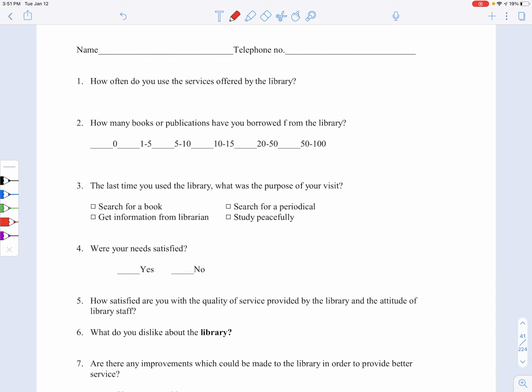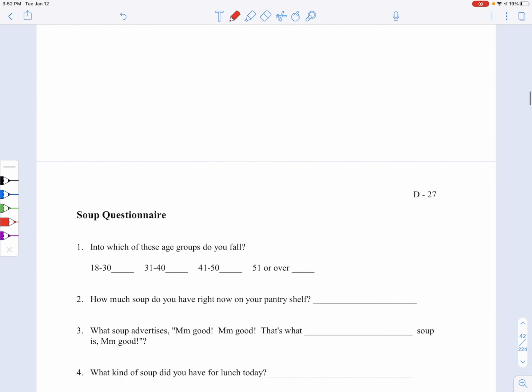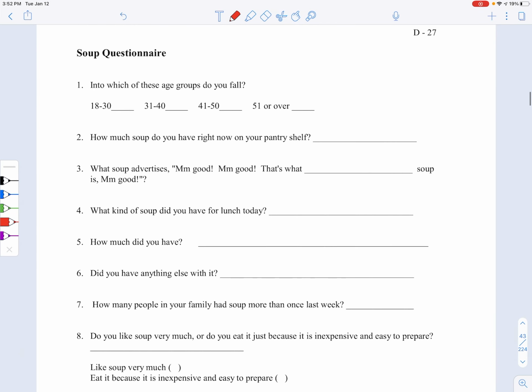All right. Number 7, ambiguous words. A large number of examples here of ambiguous words. Let me just give you 1 or 2 of them. Page 27 here. This particular one has lots of ambiguous terms in here. Number 4, we've seen this one before. What kind of soup?